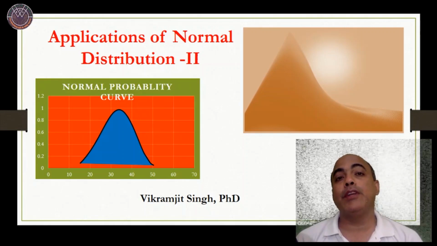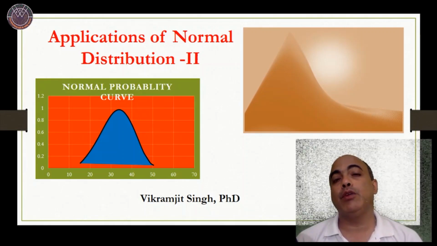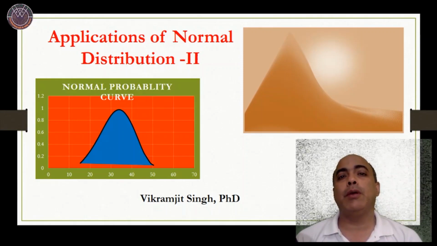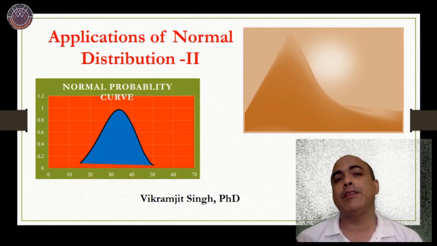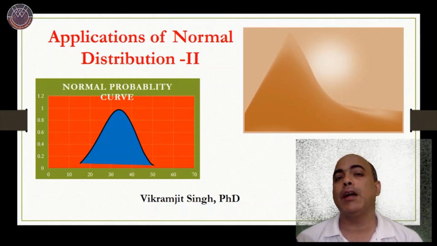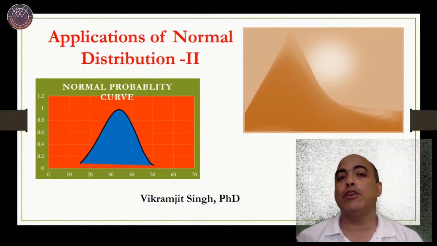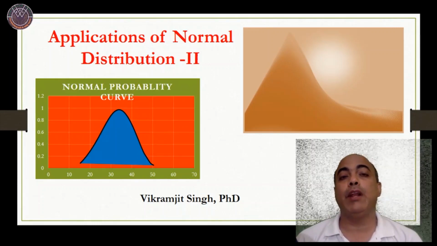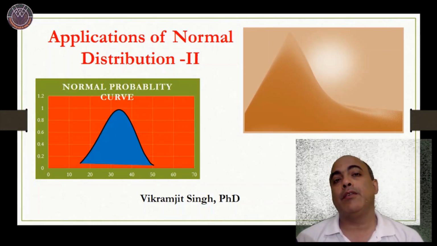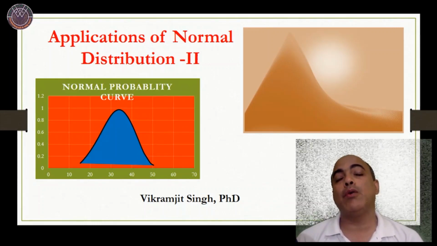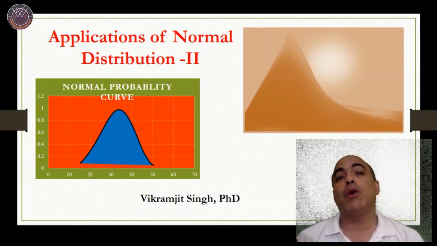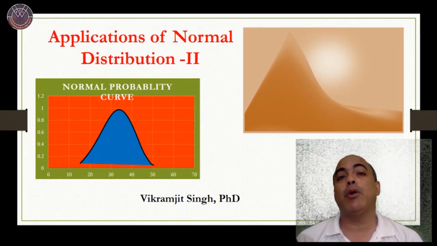The properties of the normal probability curve will be used to solve these problems, and the majority of problems in the field of social sciences and education are related to the normal distribution curve. I hope you will enjoy this video and it will help you to understand what normal distribution is and how its properties can be used to solve different problems based on the normal probability curve.